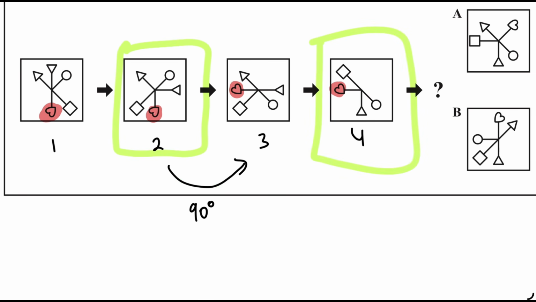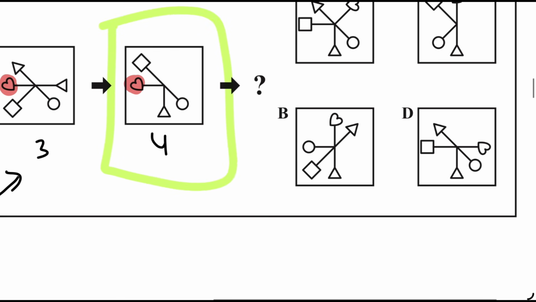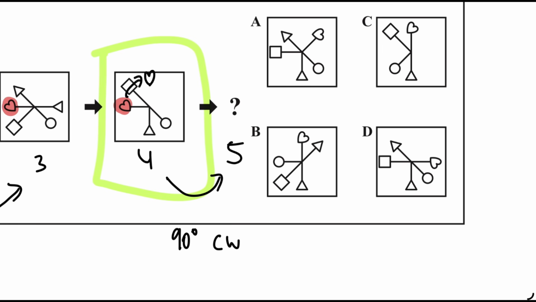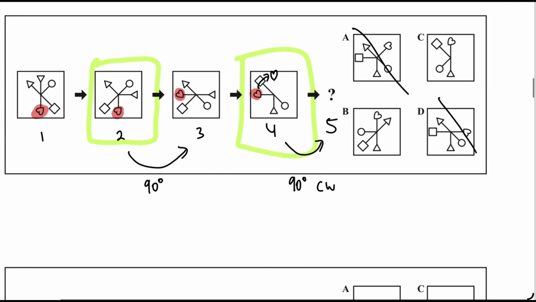So going from 4 to 5, it should move 90 degrees clockwise. So the heart should be at the top. Which answer options have that? C and B do. So we can eliminate A and D.